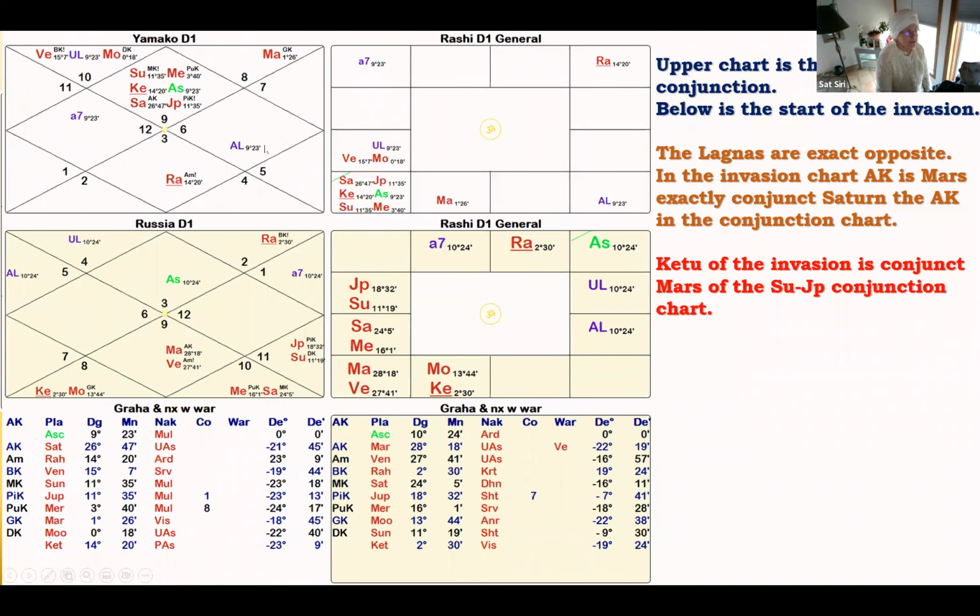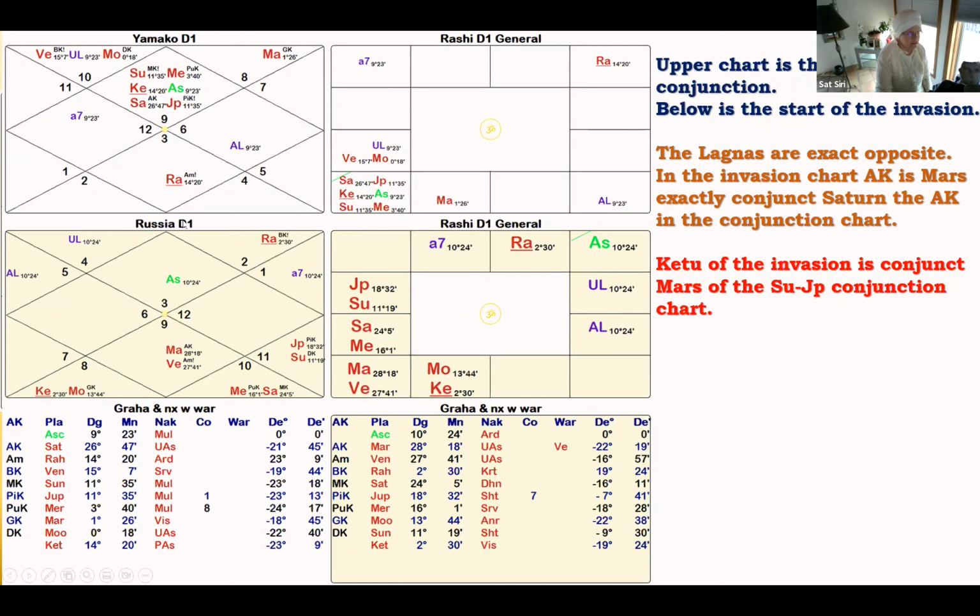Here we see the 2 charts compared. Above we have the Sun-Jupiter in Sagittarius, and below we have the moment of the start of the invasion. So Lagnas are exactly opposite, 9 degrees Sagittarius, 10 degrees Gemini. And in the invasion chart, the Atmakaraka is Mars here in the 7th house, where it's in extreme pain.